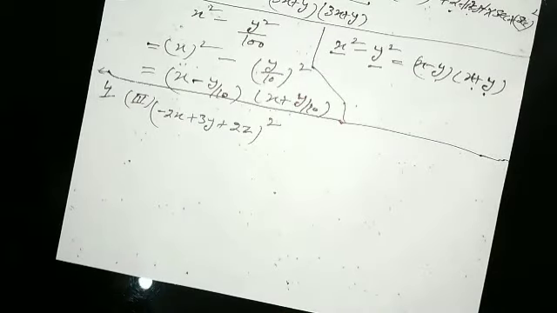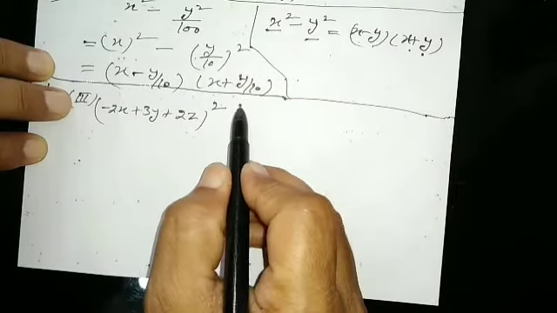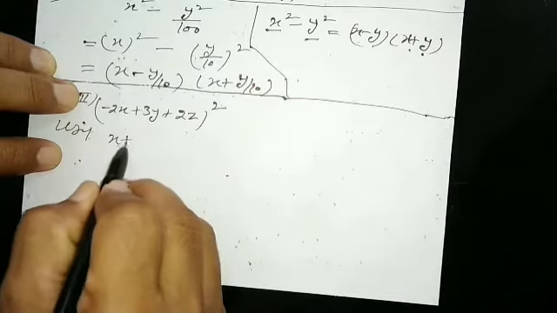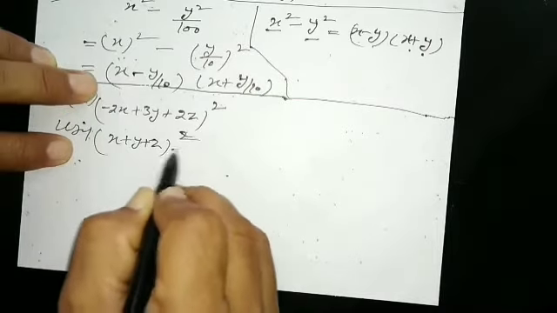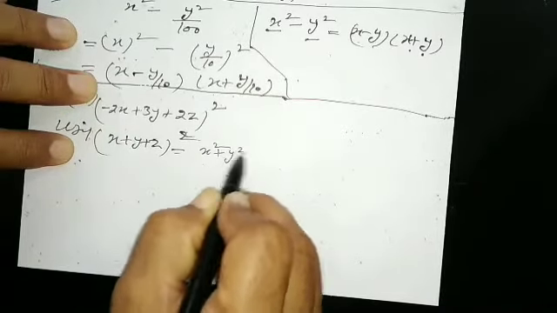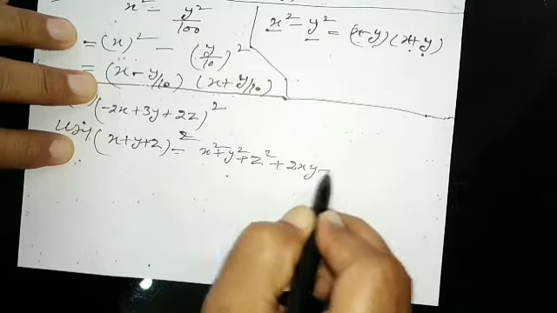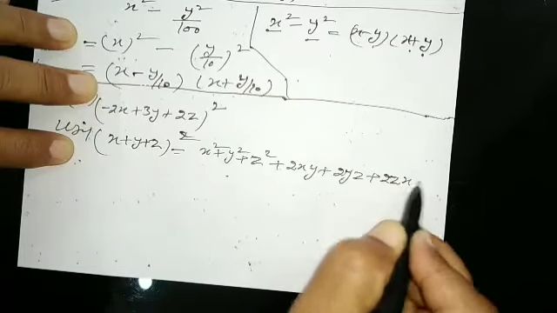Now the identity used here is (x plus y plus z) square equals x square plus y square plus z square plus 2xy plus 2yz plus 2zx.